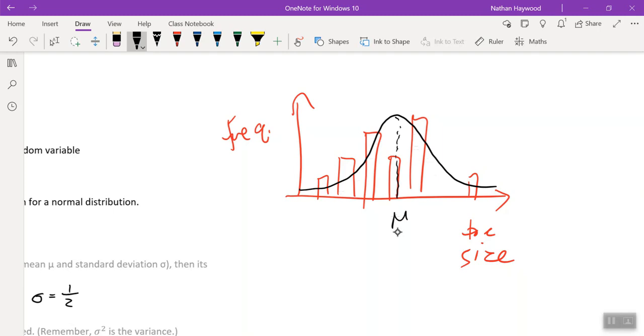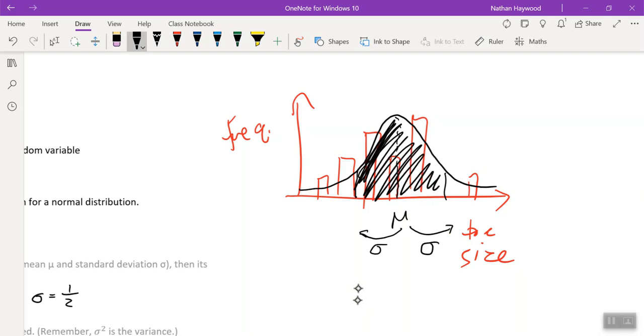If we take all the data, and we go 1 standard deviation away from the mean, so all of that data, it will add up to 0.68 probability of picking that data.